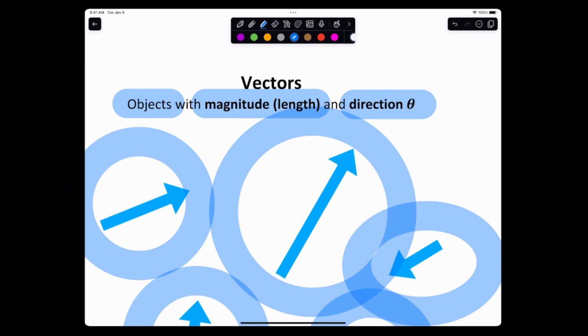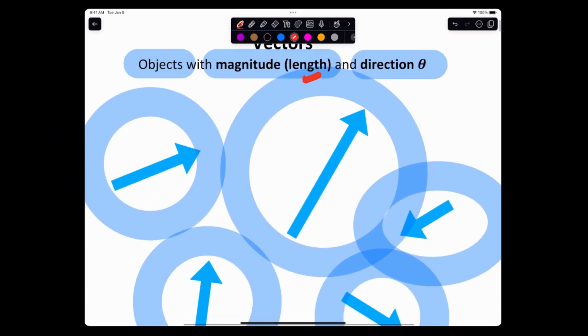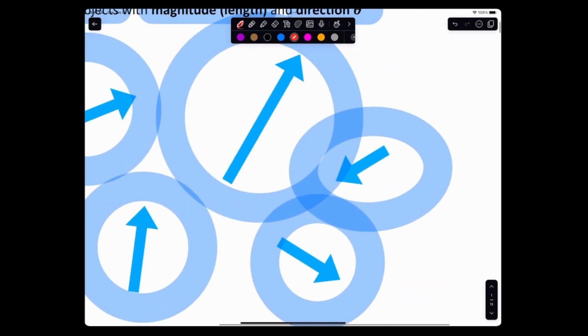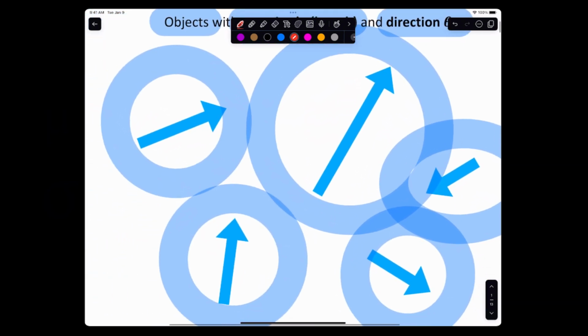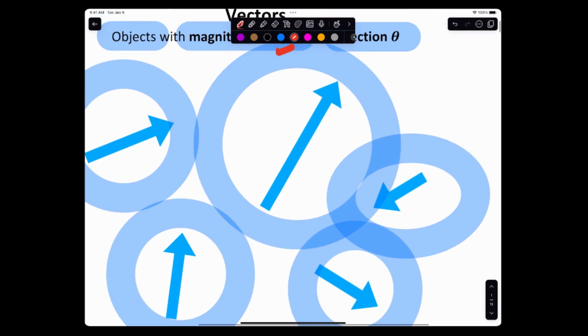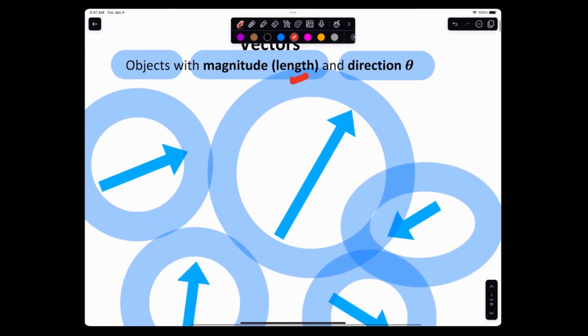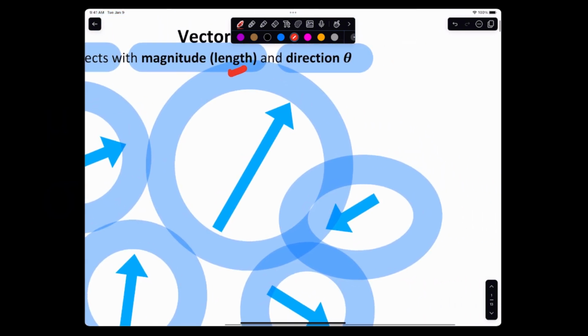It has two quantities associated with it. The magnitude is really length. So every one of these vectors that you see here has a particular length. Some are longer than others. Some are shorter than others. So it's an object that has length, and then it's pointing in a particular direction, what we call theta.